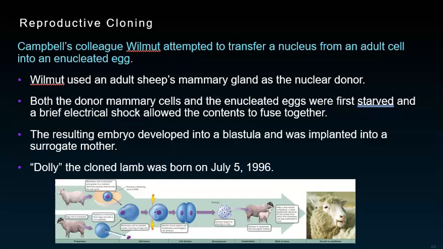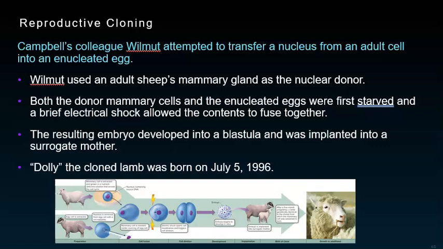When we talked about reproductive cloning, we discussed Campbell's colleague Wilmut, who attempted to transfer a nucleus from an adult cell into an enucleated egg, which is an egg with the nucleus removed. Wilmut used an adult sheep's mammary gland as the nuclear donor, and both the donor mammary cells and the enucleated eggs were first starved and then given a brief electrical shock, which allowed the contents to fuse together.